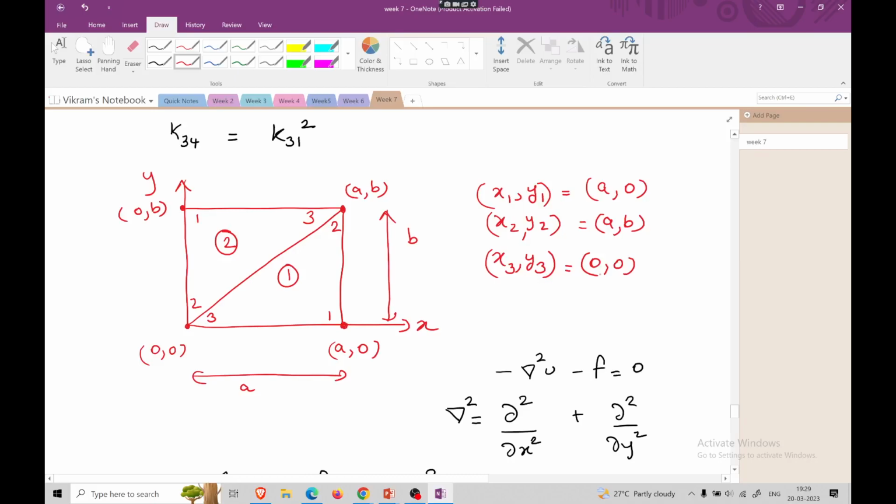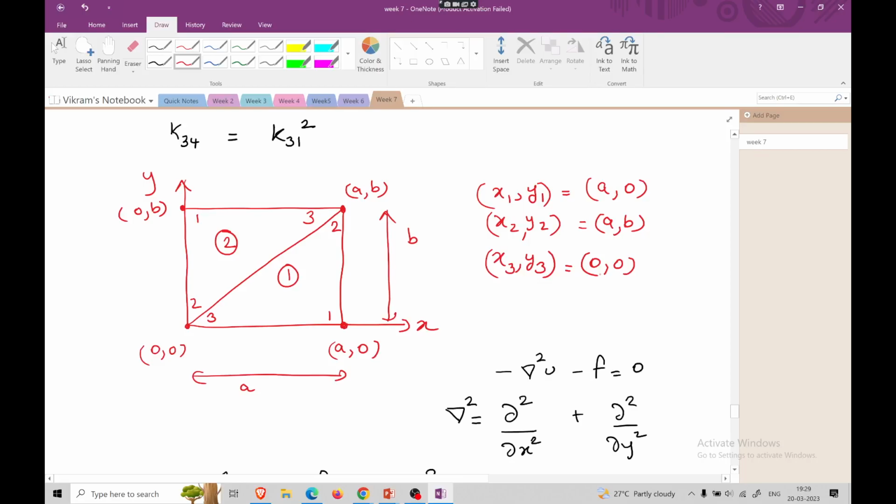So like this you can keep calculating. So what is S12? Integral over the domain beta 1 beta 2 by 4a square dx dy. So 1 by 4a square, beta 1 was y2 minus y3, which is b.